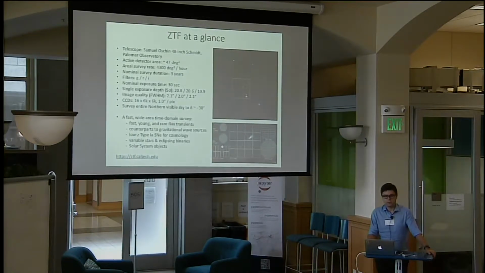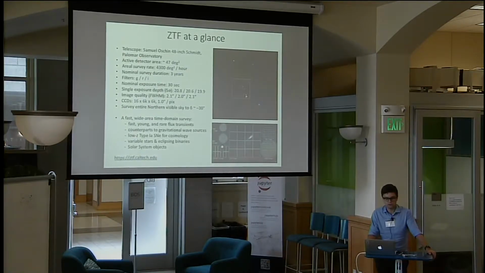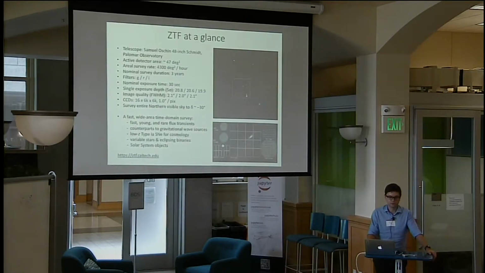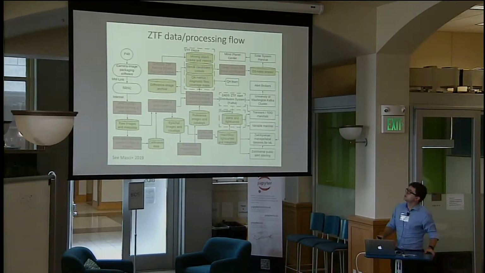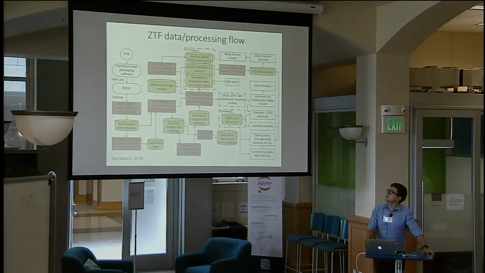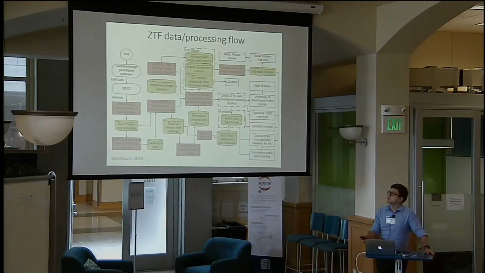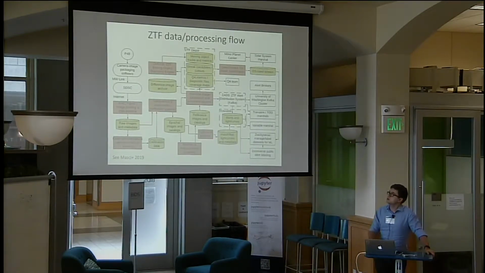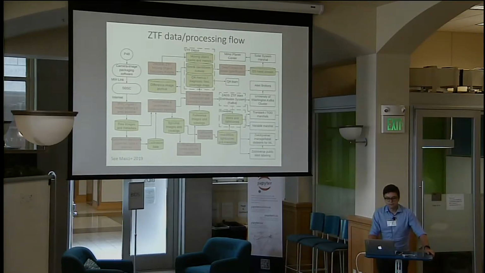The primary science focus of ZTF is all sorts of transient science, but it's also great for all sorts of variable science and solar system as well. So this scary slide shows the ZTF data and the processing flow, but what's relevant for us here is this red box, which is the real-time image subtraction and source extraction pipeline.